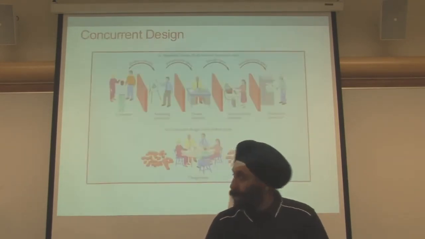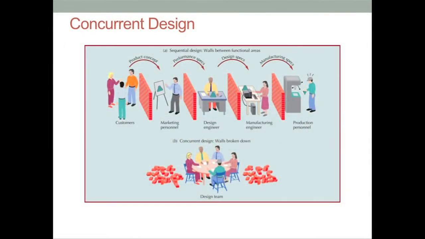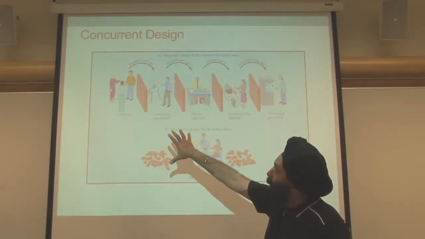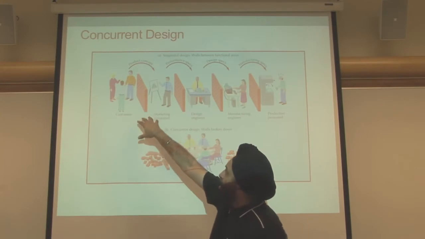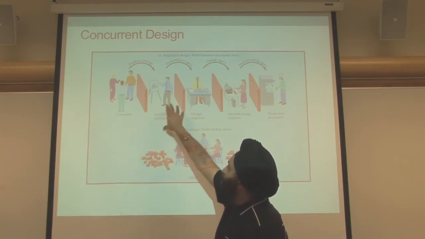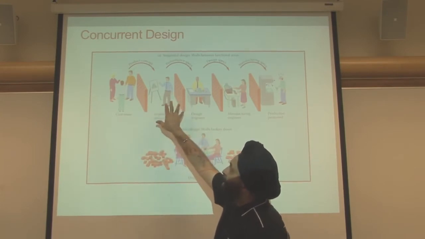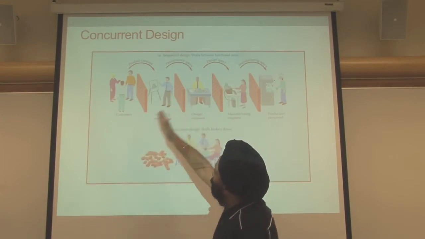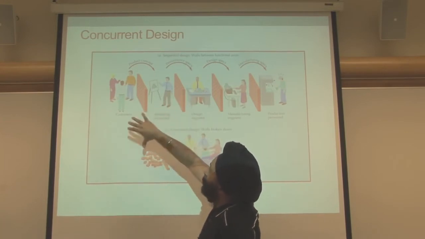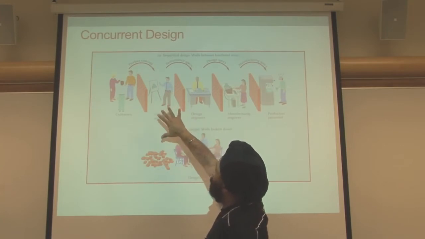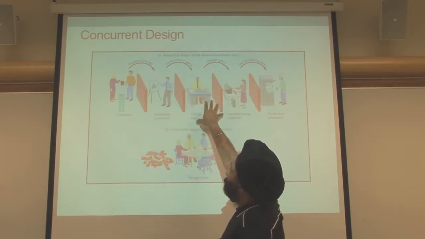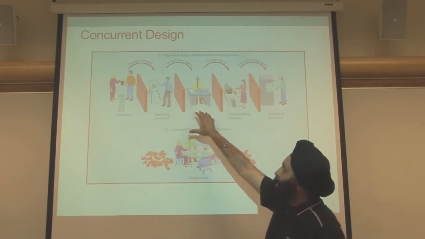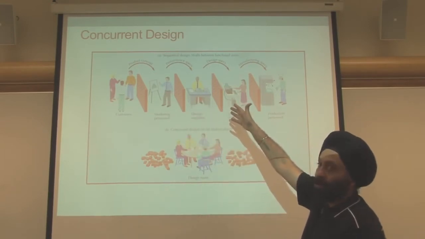Now, the idea of concurrent design: in traditional companies, the customers talk among themselves, and the marketing person gets their survey but does not see them face to face, just receives the survey feedback. It is sent via interdepartmental mail to the design engineer, telling them what the performance specifications should be.